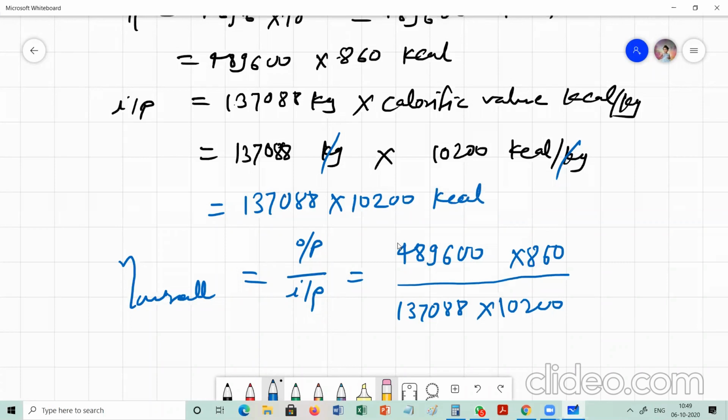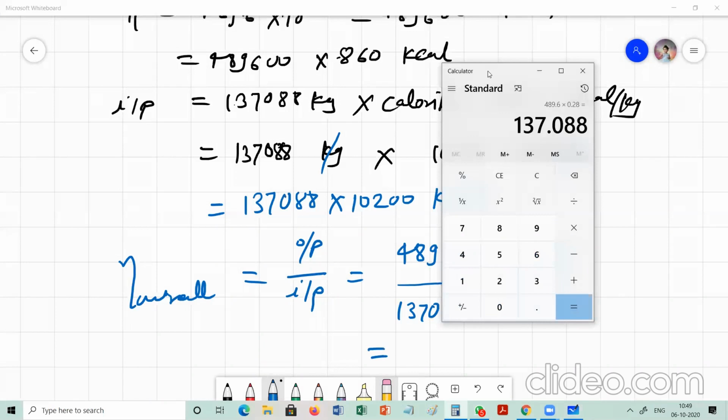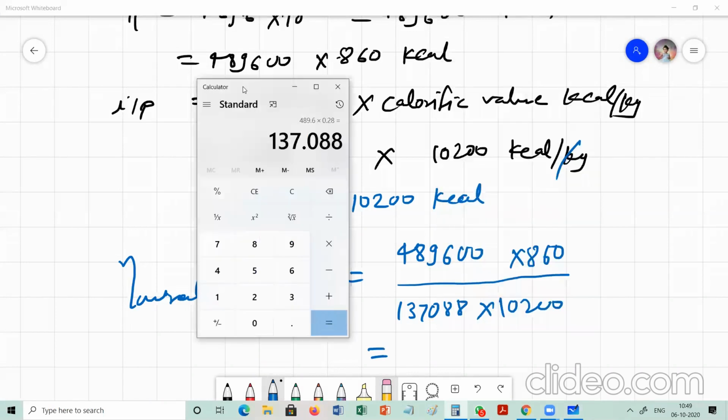We can solve it, which is equal to 0.30.